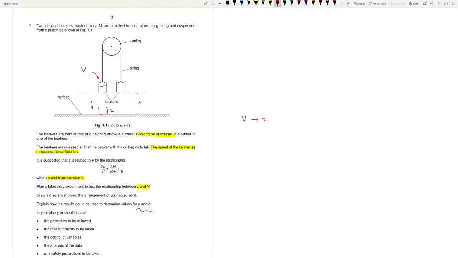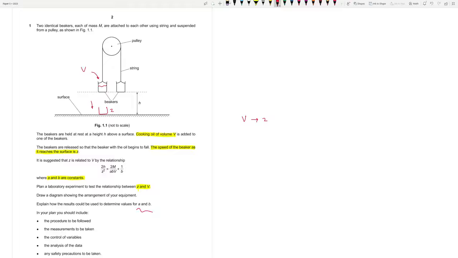It needs to be calculated. How? We know that speed is equal to distance by time. So actually we are using the light gates connected at the end, right? Only to measure the time taken for the fall. For that short distance over here, right? And then to find out velocity, you can just go for distance by time, okay?